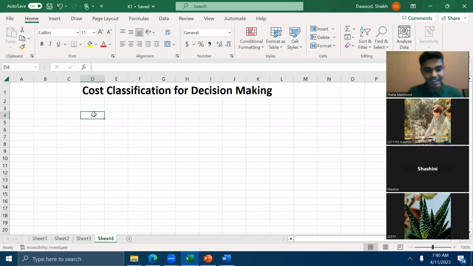It's an important thing. I don't think many have understood that. In the EOQ calculation, if you can remember, when we are calculating the stock level, we calculate the minimum stock level, and the average stock level is reorder quantity divided by 2 plus minimum stock level.